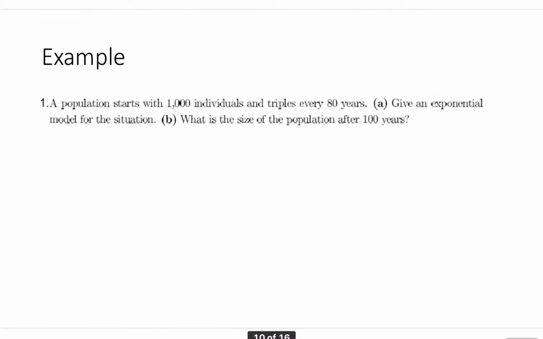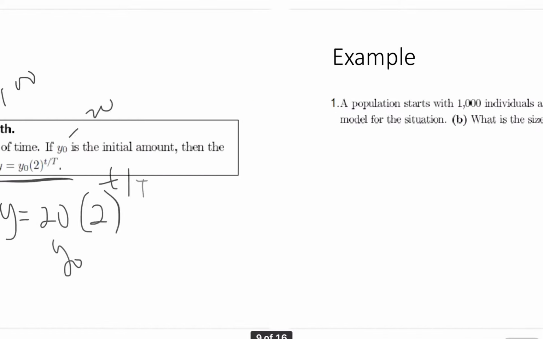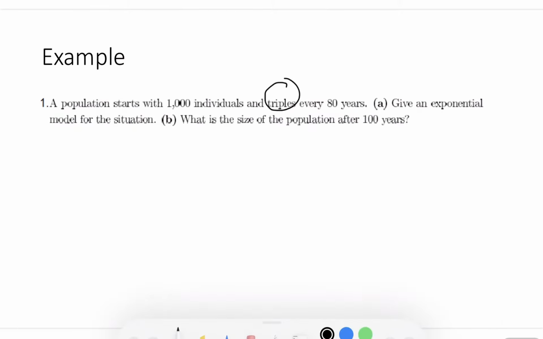Another example in relation to the previous example. A population starts with 1,000 individuals and triples every 80 years. Give an exponential model for the situation. So, let's use this one. The form is y is equal to y sub o times 3 raised to t over capital T. What is our initial?